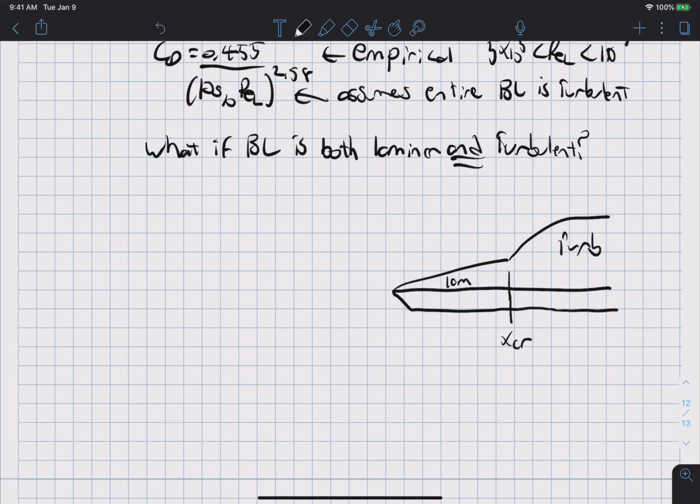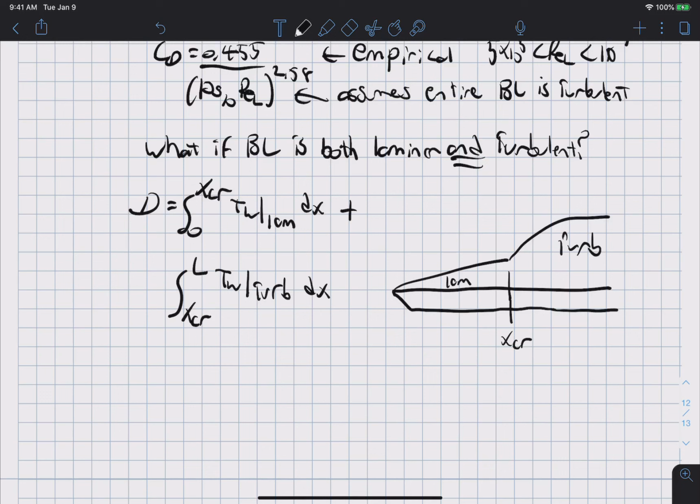Okay, so essentially what we want to do then, when we compute the drag force, is that the drag equals the integral from 0 to the transition distance using tau wall for the laminar case, dx, plus the integral from x critical to the entire length of tau wall in the turbulent section, dx. Okay, and to do that we need to find x_cr.